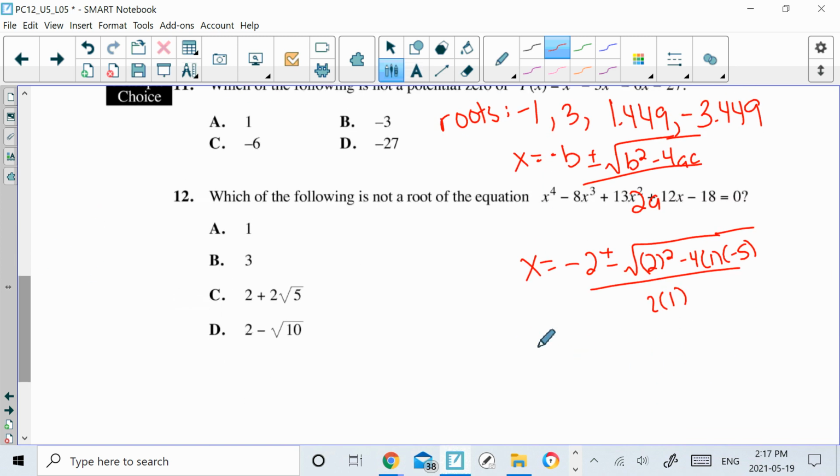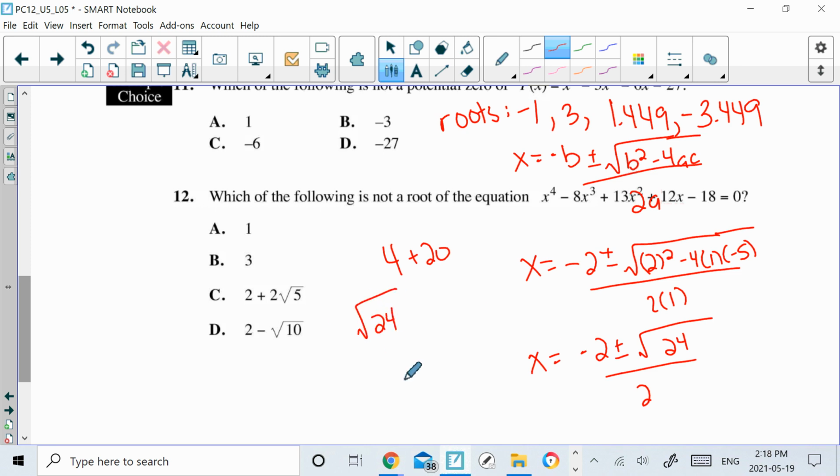What does this give me? X is equal to negative 2 plus or minus. I want to figure out what this radicand is. It's 4, and then negative 4 minus 5 is plus 20. That's 24 over 2. You'd think that that would be enough work to get your answer. This, though, can be simplified.